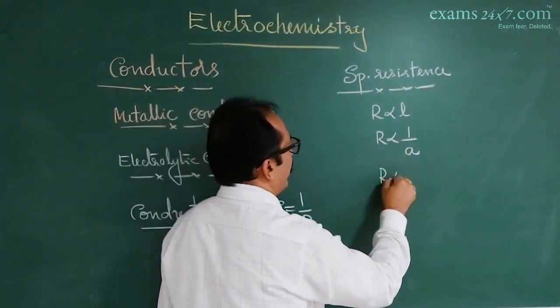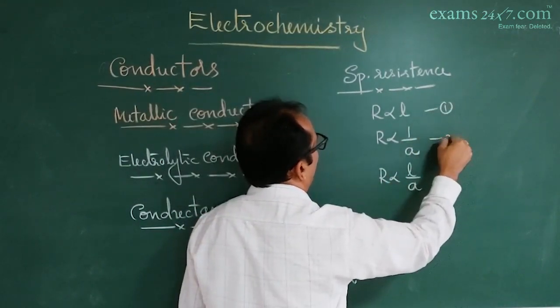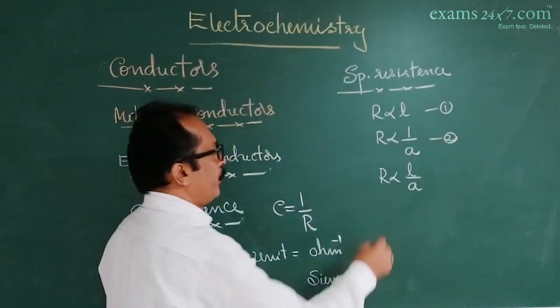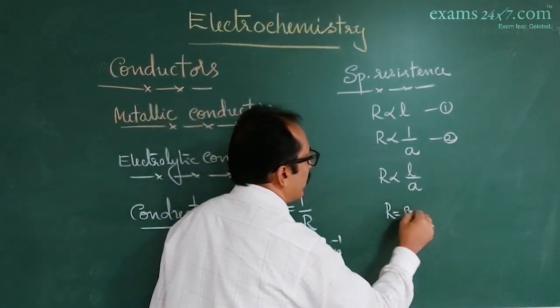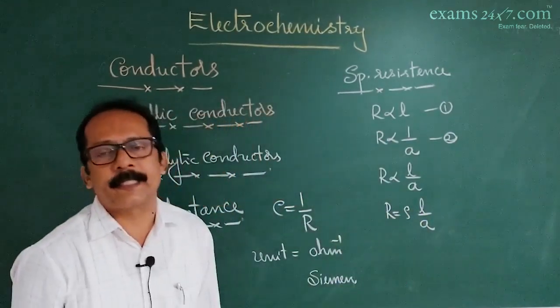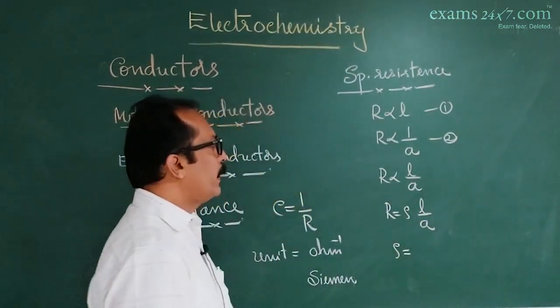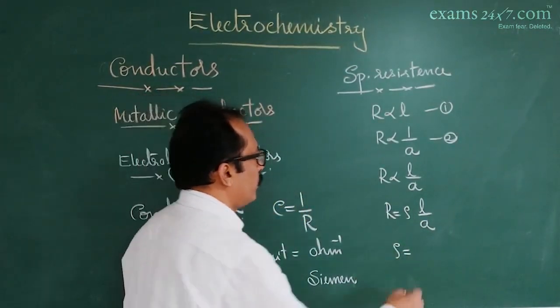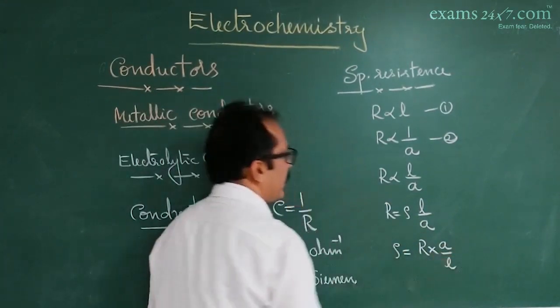Therefore, R is proportional to L by A. By taking a proportionality constant, R is equal to rho into L by A, where rho is resistivity. Therefore, resistivity rho is equal to R into A by L.